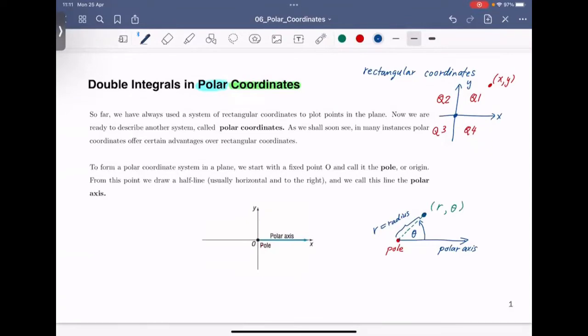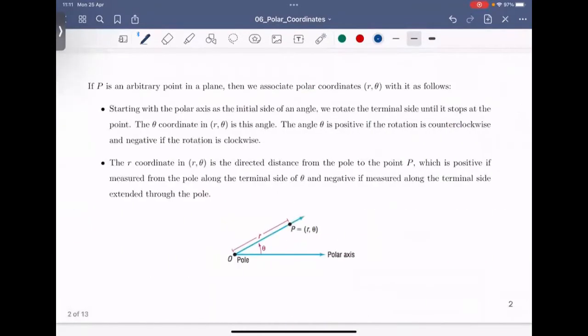Okay, all right. I think the explanation is on page number 2 here, so let's talk about it again. It says that the theta coordinate in (r, theta) is this angle. Keep in mind that you always have to start from the polar axis, and then you go counterclockwise to get theta.